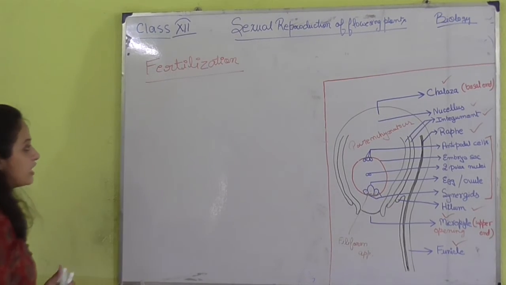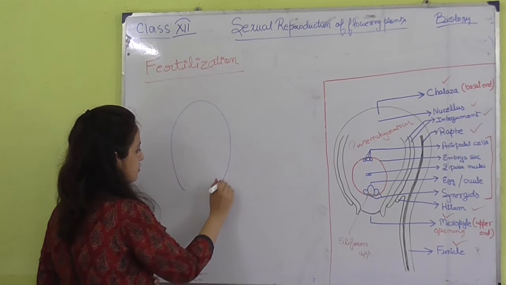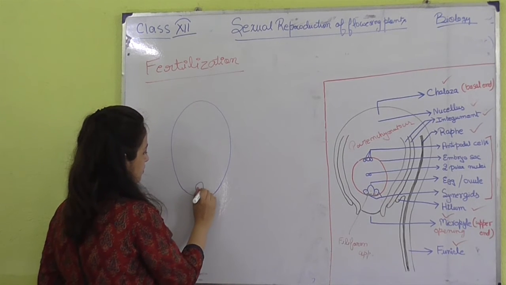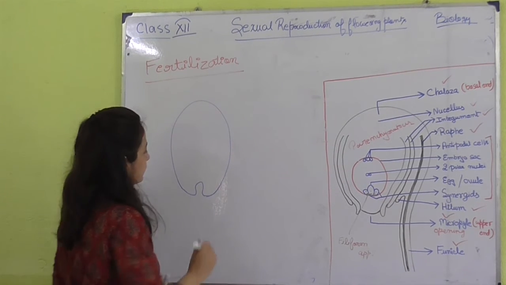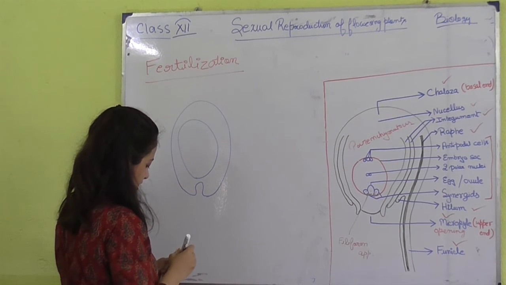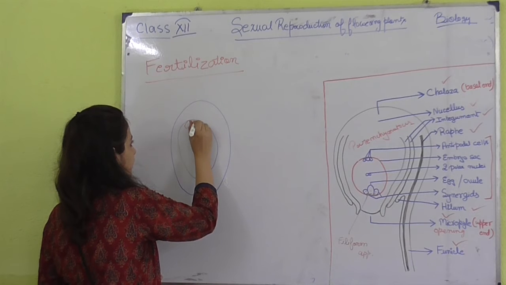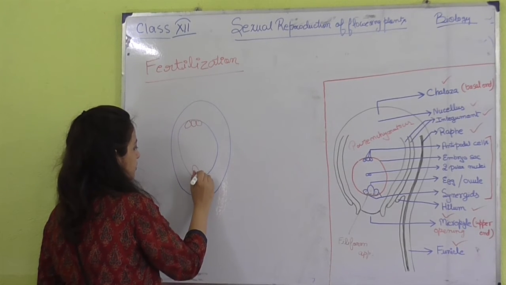So what happens in fertilization? So this is the ovule, and here is the embryo sac. Inside the embryo sac, these are all the cells that we have discussed earlier.